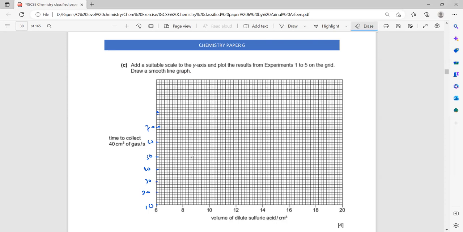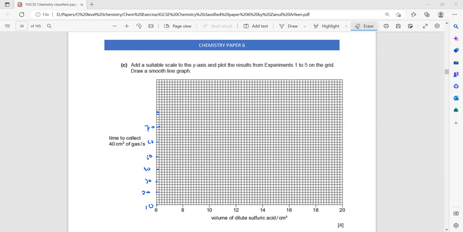When you mark the points, the x-axis is the volume of sulfuric acid which was added. For the first experiment it was 12 and 72.